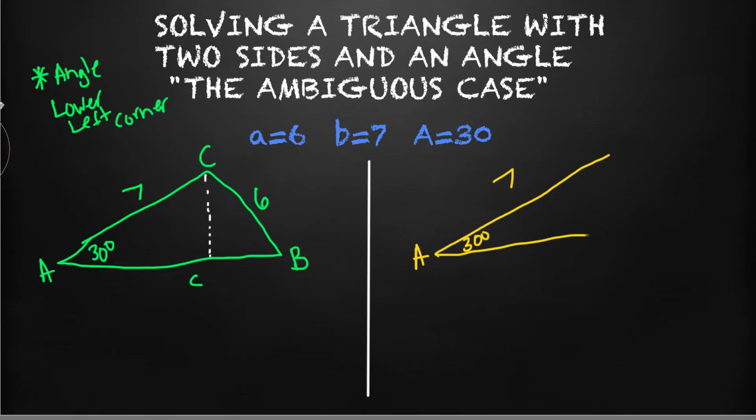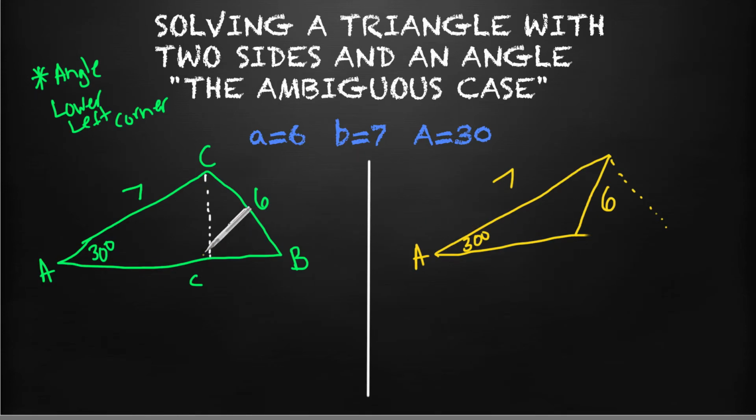Now you have this side going this way instead of going out that way like we did in the first. Now you're swinging it this way. Still, this is a length of 6, this is a length of 7, and this is an angle of 30. And both triangles are correct.